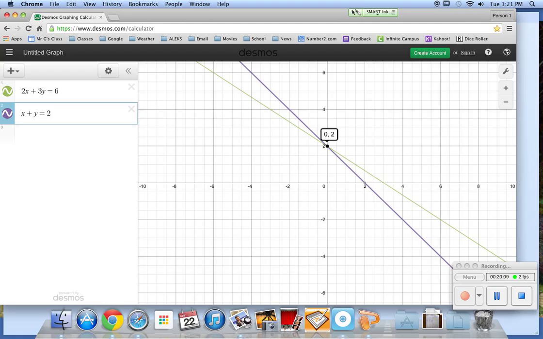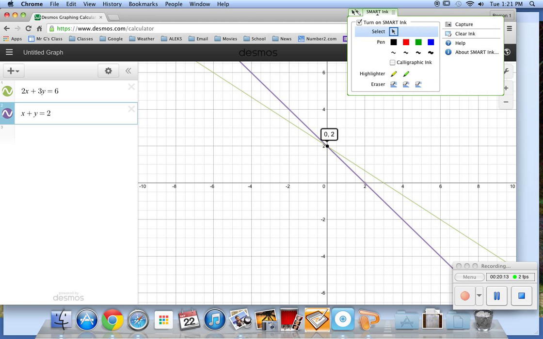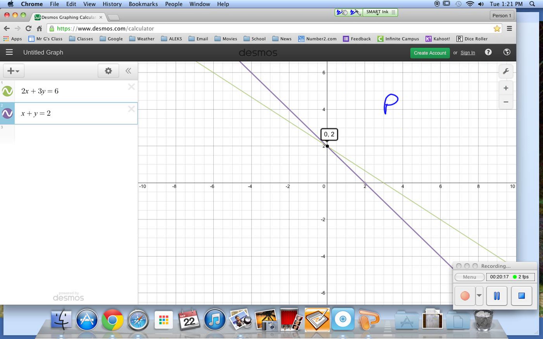Okay, page 60. I want you to do 16 through 26 evens.